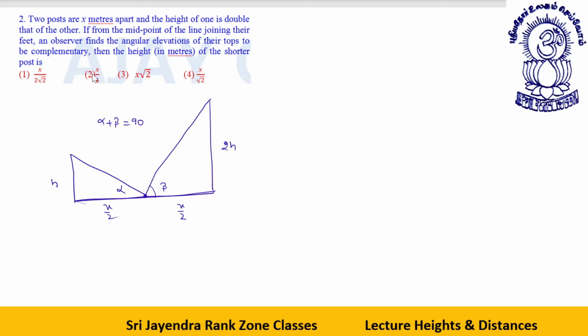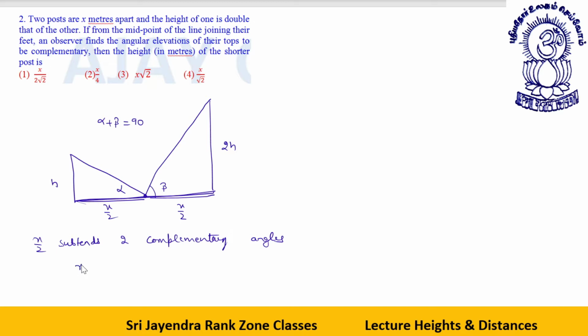Then the height of the shorter post is? First of all, this is x by 2, x by 2. Clear? X by 2 subtends two complementary angles.